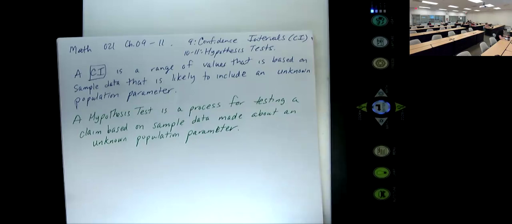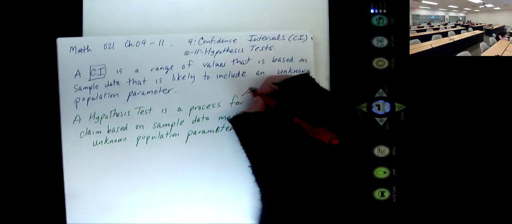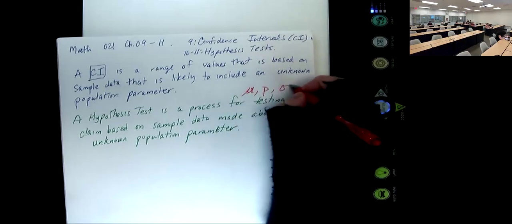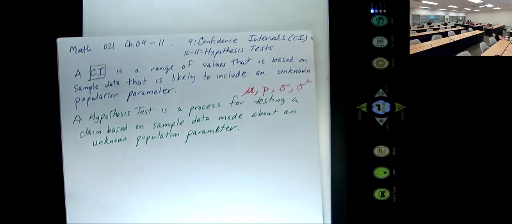That parameter is quite frequently mu, p, sigma, or sigma squared, which is variance. Those are the 4 common ones.